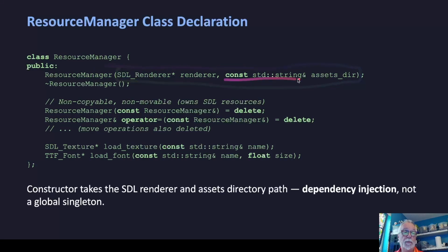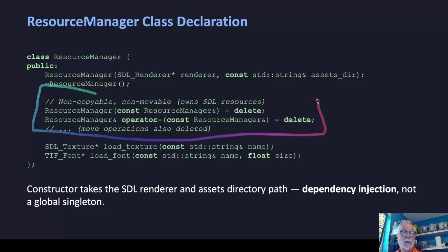This is the important one here. You'll notice in our code going forward that we have an assets directory in our game. We need to have a destructor so that we can release all of our assets. And the one thing that we're not going to allow is, I don't really want multiple copies of my resource manager, so you can't copy it, right? I don't want to copy it.